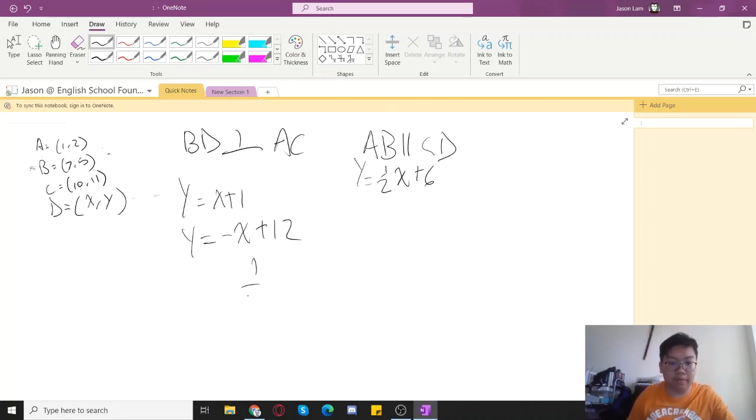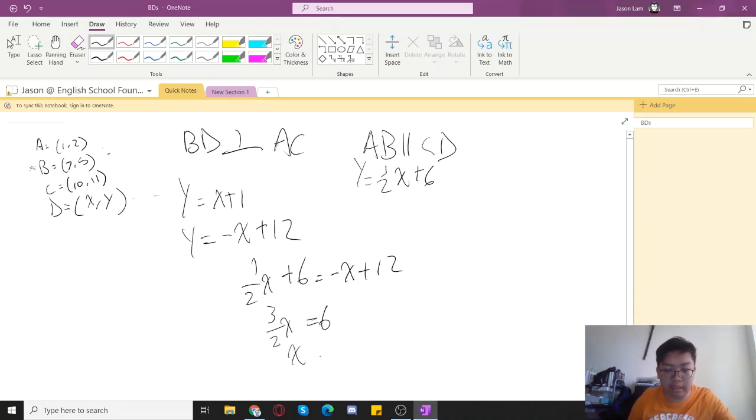Okay, so finally we're back on track. There we go. Okay. So 3 out of 2x equals 6. X equals. I'm just doing this all ahead, but you should know that this is times 2 divided by 3, so that's 4. Yep, there we go.